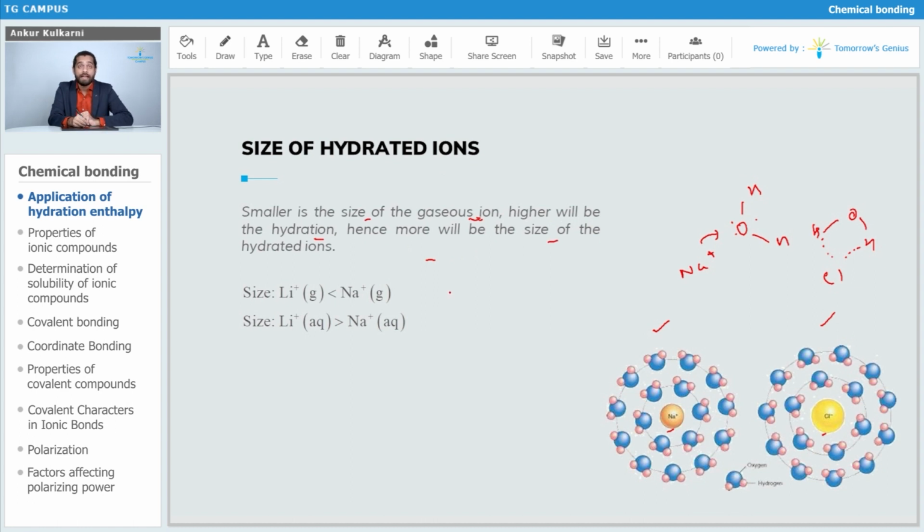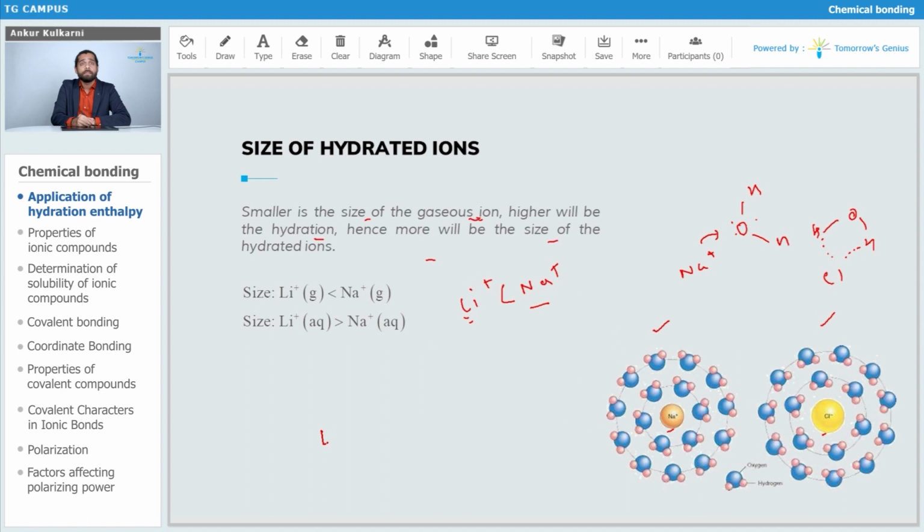What do you mean by that? When you consider two positive ions, let's consider lithium and sodium. You know the size of the gaseous sodium ion is greater than lithium.